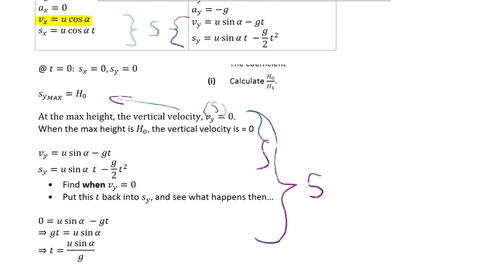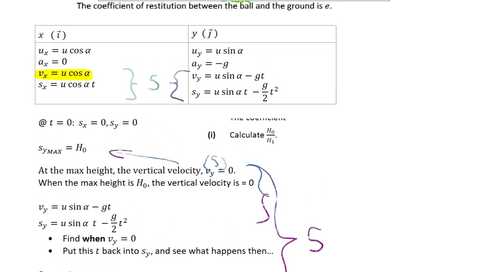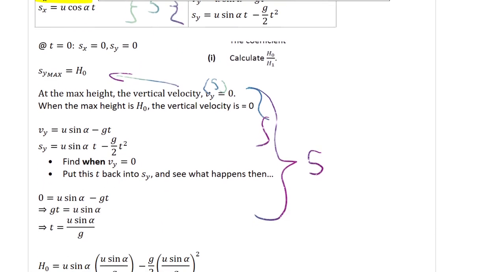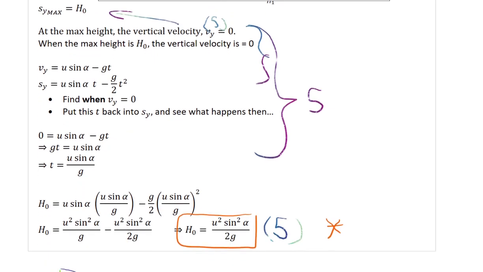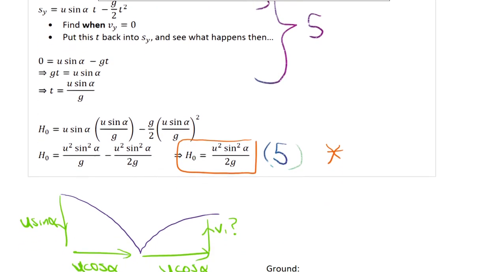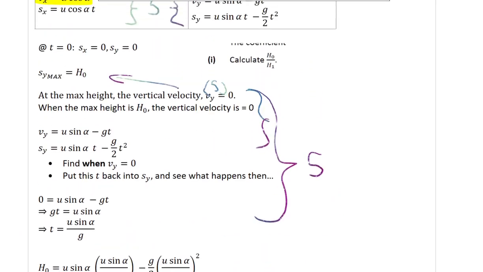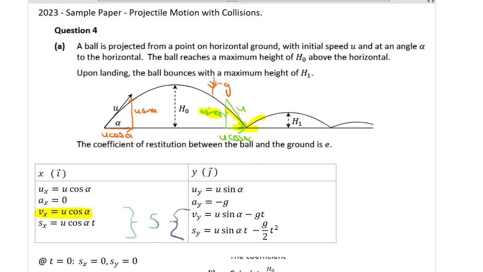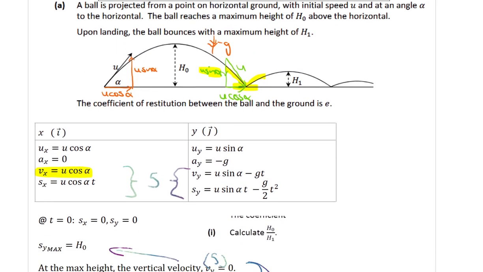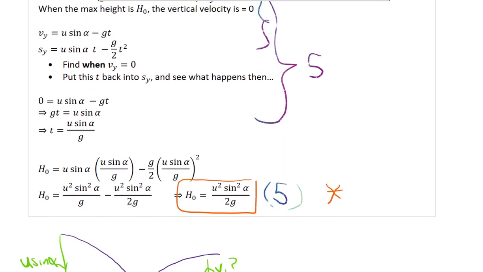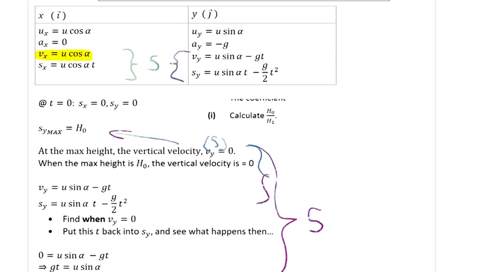And this should be fairly standard, or very similar to what you've done in previous questions. At the max height, find the time, which is u sine alpha over g, and it's always going to be u sine alpha over g. And then get your answer. So if you found H0, not even H0 over H1, if you just find H0, it looks to me like that would be passing the question.